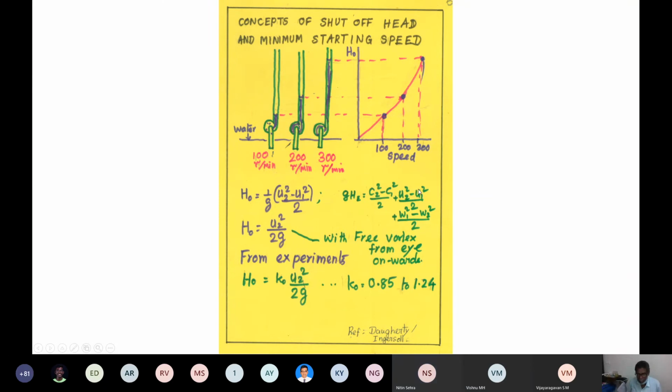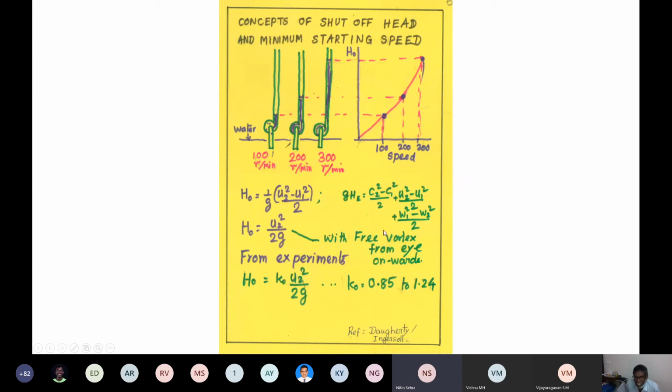Now, from this equation, how do I get H naught equals 1 by g (U2 square minus U1 square) by 2? What should I have assumed? You can think and tell me. The fluid is not accelerating, or the fluid is not flowing at all. Not flowing. So that means the fluid velocities, whether relative or absolute, are all zero when they are not flowing.